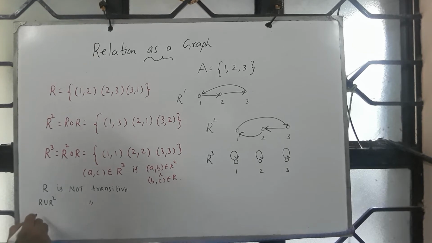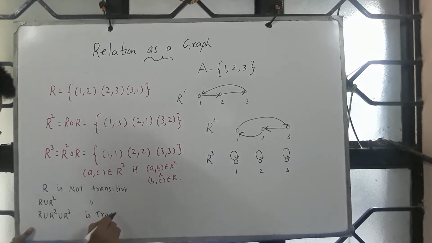Answer is no. And finally it turns out that R square union R cube is transitive, which means this is our transitive closure of R.